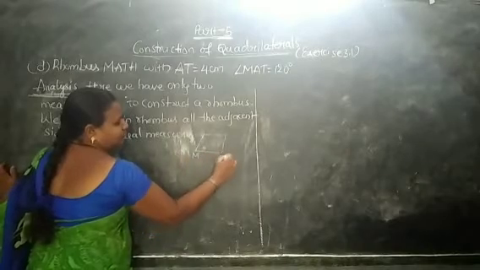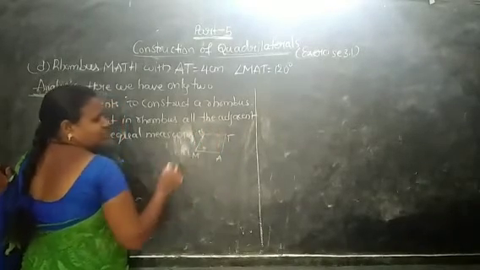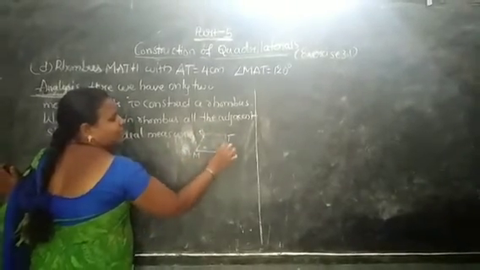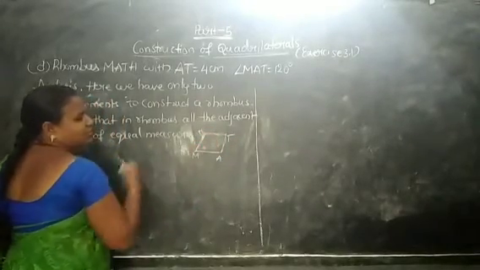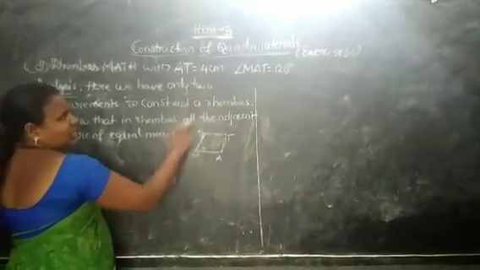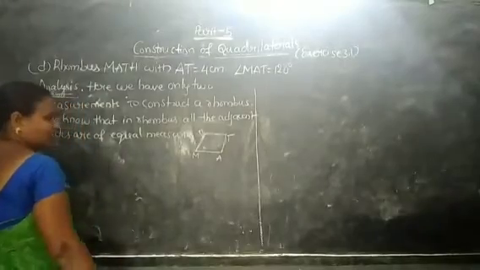So in rhombus MATH, MA equals AT equals TH equals MH. These all equal 4 centimeters only.